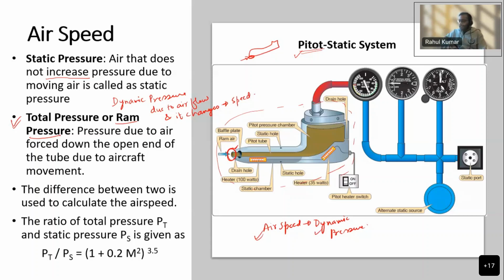Now the ratio of the total pressure to the static pressure is given by this equation at the bottom of the slide. And this equation basically relates your Mach number with the two pressures, the total pressure and the static pressure.